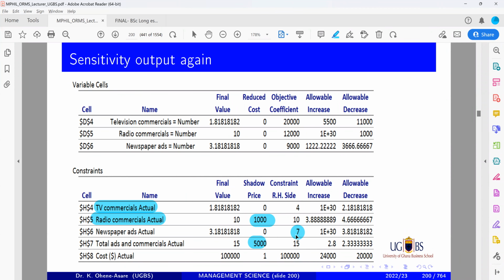Once you have 227, you run the entire model again and check what happens to the profit and the number of audience reached. By the shadow price, nothing will change in the audience reached. Then you can check what also happens to the final value.